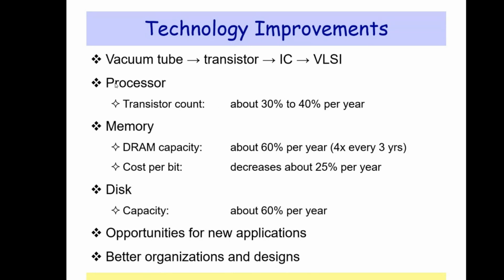Going forward, we'll be seeing where we are and what the current technologies are. Processor transistor count is increasing by 30 to 40% every year. It's a drastic transistor count that we have at the moment.